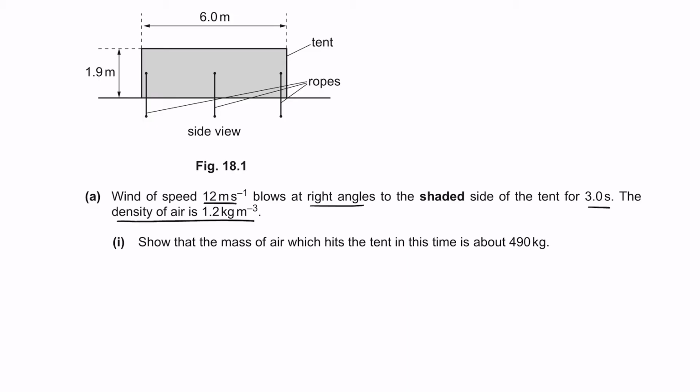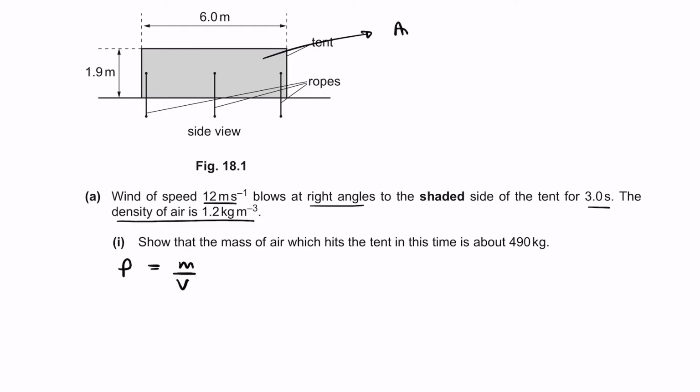Let's look at the formula of density first, because that relates the mass and the volume. So density is m over v. If we can figure out the volume, we can figure out the mass. So I would work out the volume of the air that's hitting the tent on the shaded area, which involves this rectangular area.